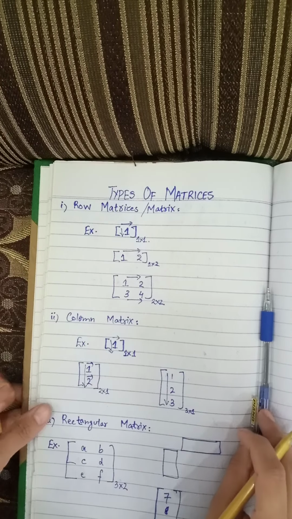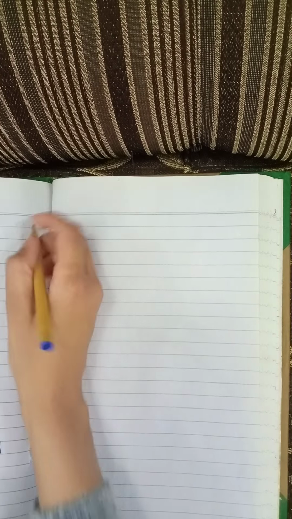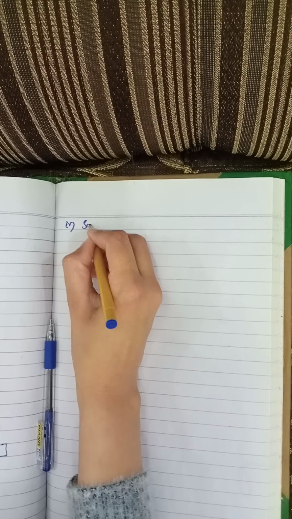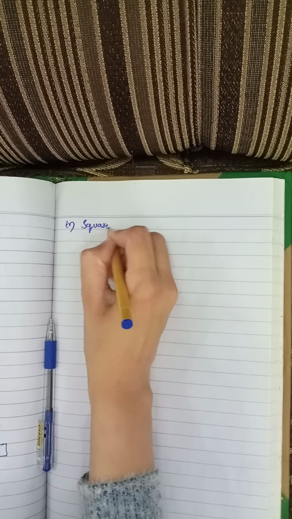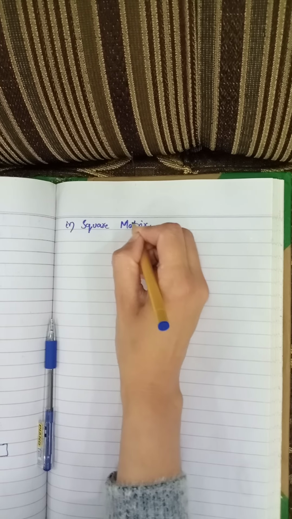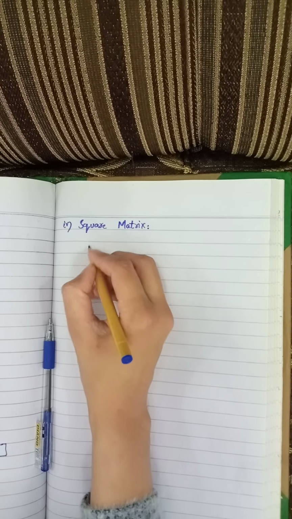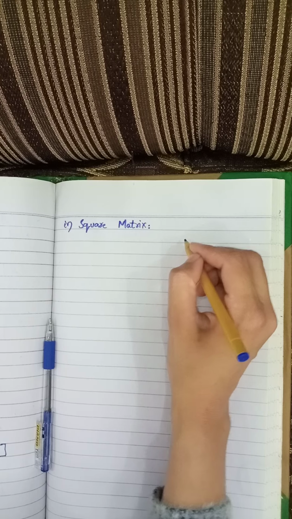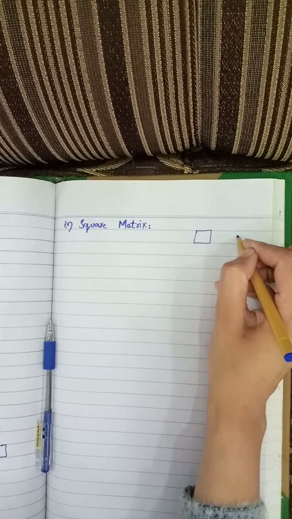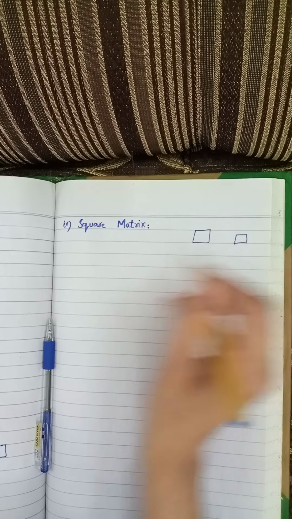Let's move further. Now we will discuss the square matrix. The square matrix is basically a matrix in which the number of rows and number of columns are equal, just like the shape of a square.